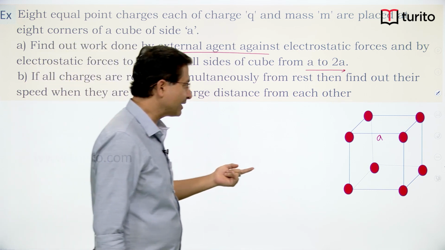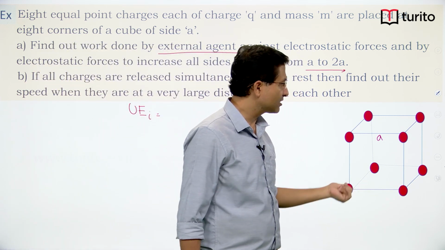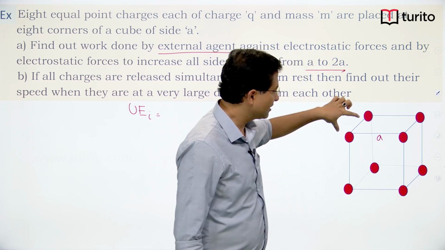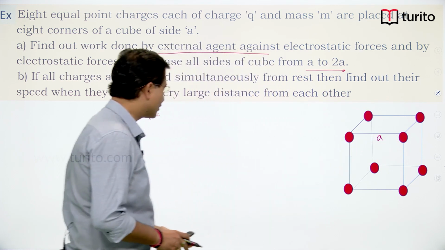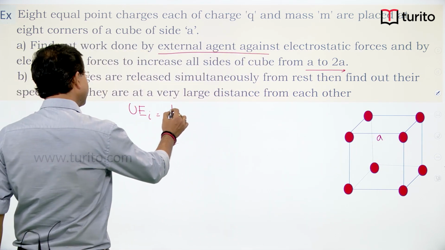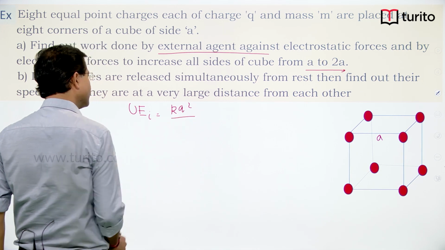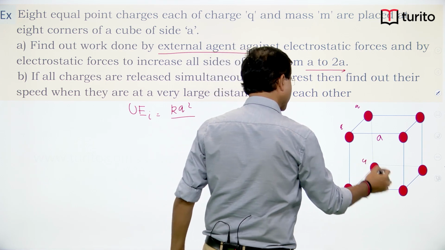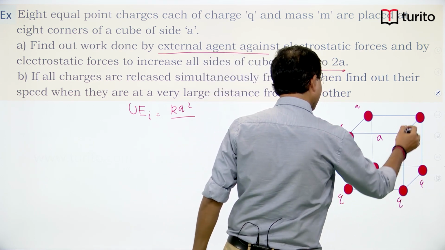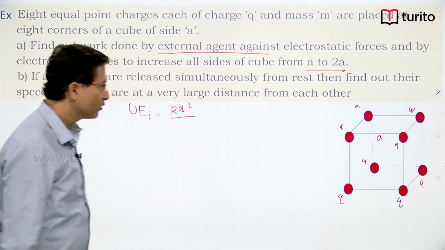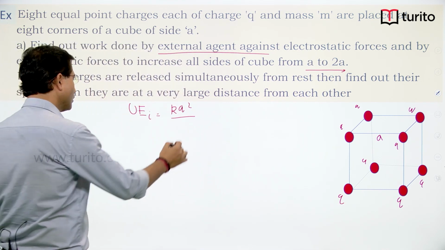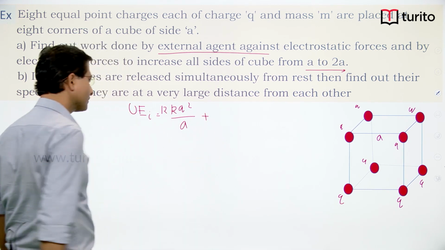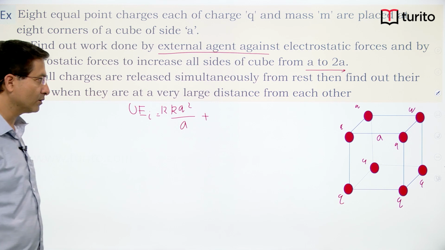So there will be 12 direct combinations. Adjacent ones if I take, there are 12 edges. So I can write K Q square, all are Q, divided by A, 12 times, plus, so all adjacent ones over.